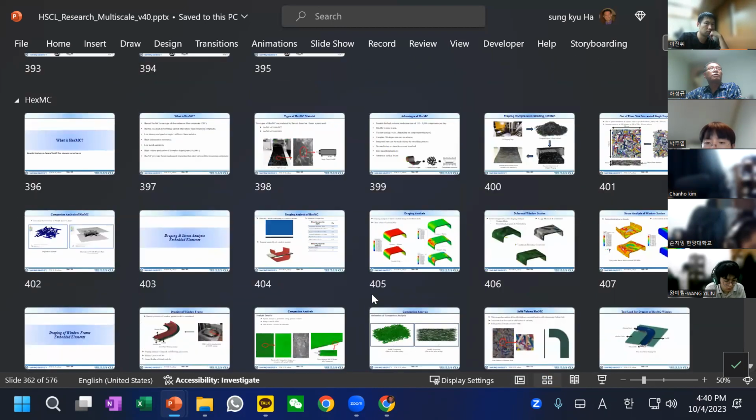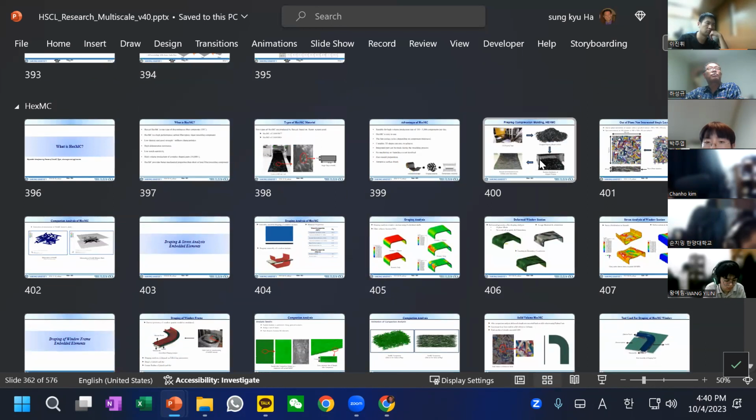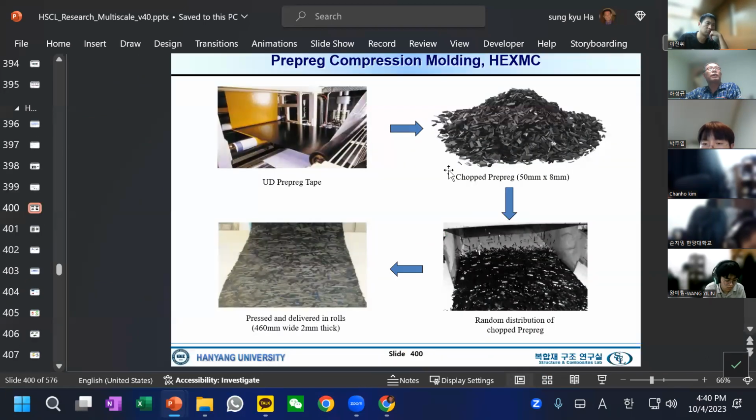Another interesting manufacturing procedure will be like this. Now you understand how the UD prepreg tape can be made. This is the thermoset, and then we chop them. We have a chopped prepreg, not a small one, but 50 millimeter by 8 millimeter.